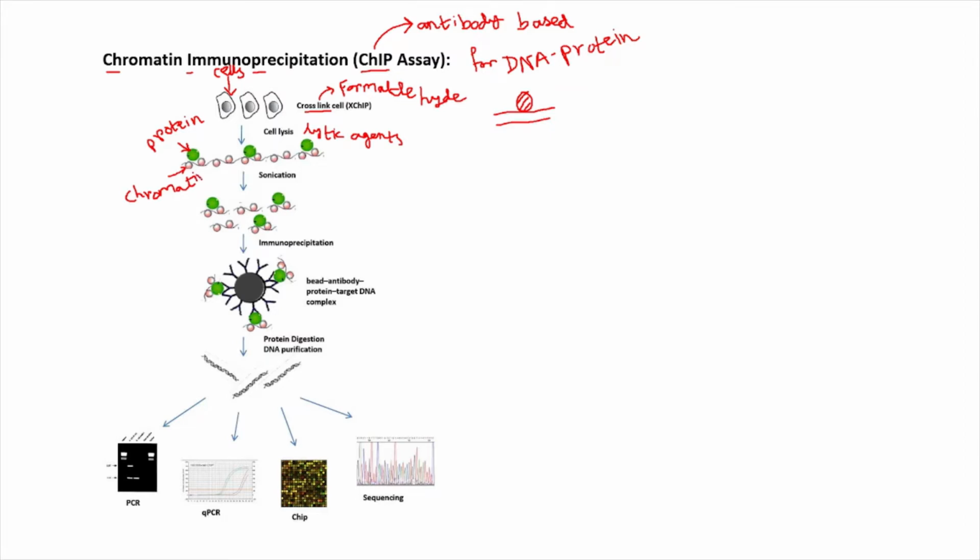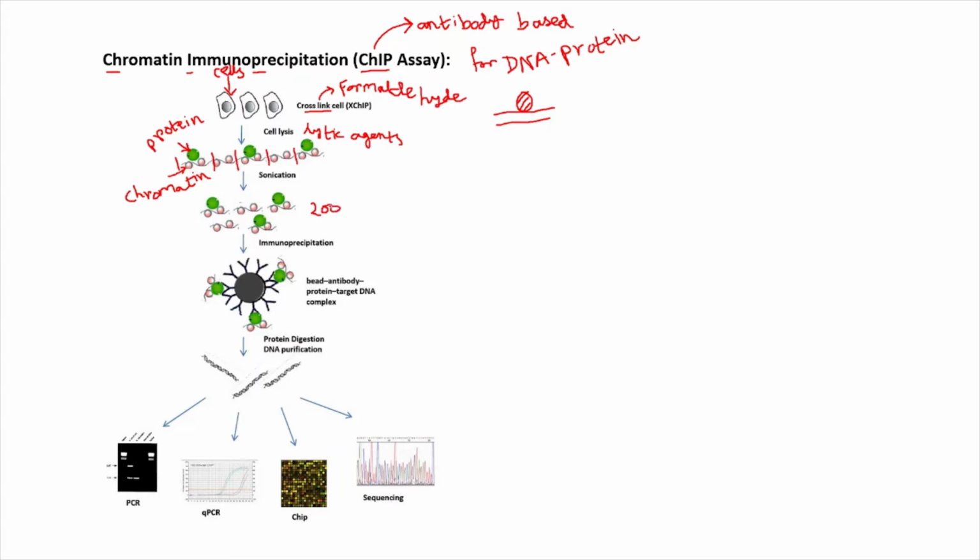Now what do you do? You perform sonication to break the whole chromatin into small pieces of chromatin. Here it will cut, then here it will again cut, and here it will cut again. So you break it into small pieces, each of 200 to 400 base pairs.